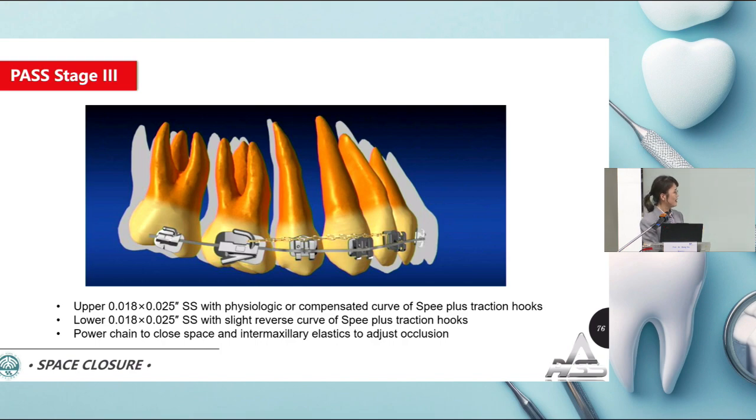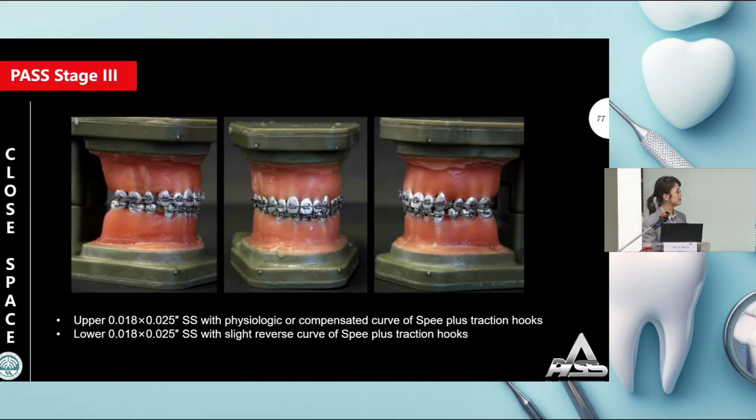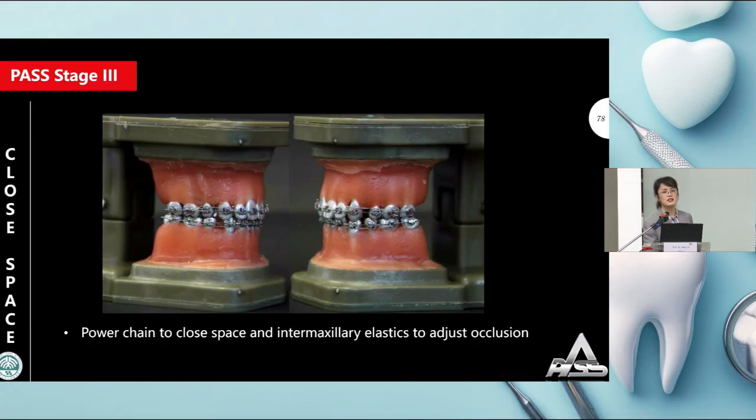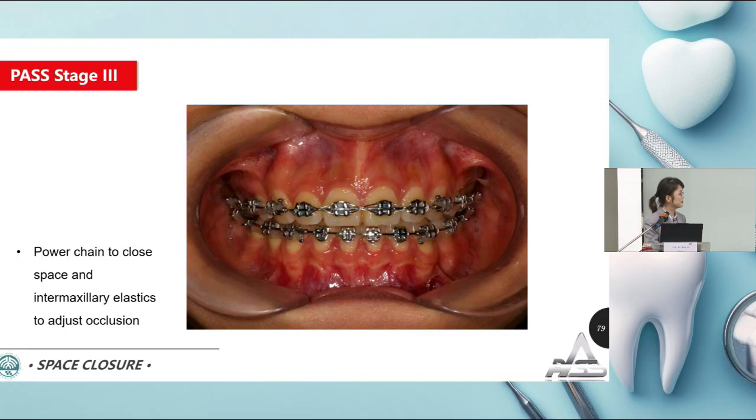In the lower, we use the 1825 SS with slight reverse curve of Spee plus traction hooks. The power chain to close space or a tie back is okay, and intermaxillary elastics to adjust occlusion. So the main arch wire we used was the 1825 SS rectangular arch wire, not 1925, just 1825.